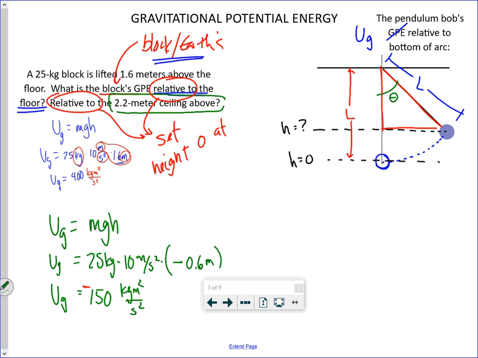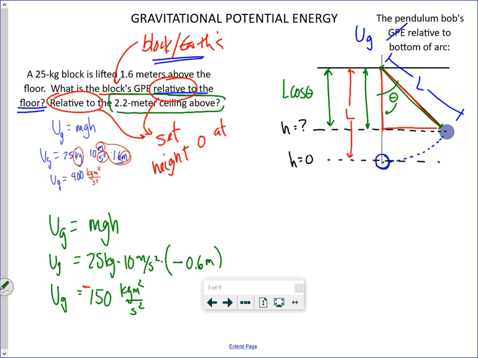And so this we could call L cos theta, right? Agreed? Here's L, and this is adjacent to that angle, L cos theta.